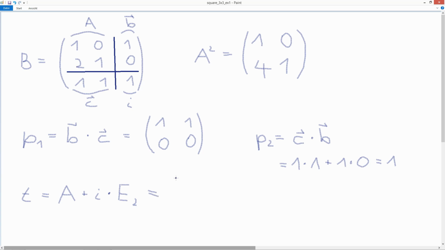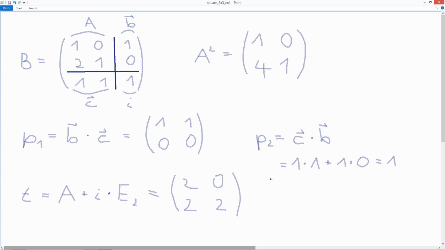And this is equal to, well, we just have to add this number I to these two values and we are done. So 1 plus 1 is 2, 0, 2, and 1 plus 1 is 2. So this here is the matrix T.